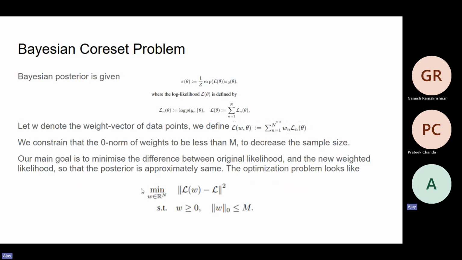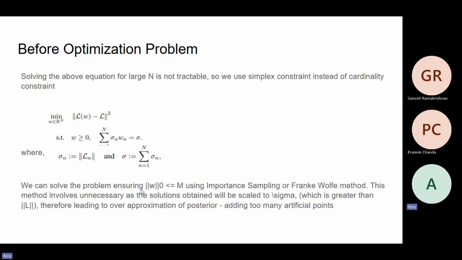In the same way, the optimization problem here is we try to reduce the 2-norm of the original log likelihood sum minus the weighted log likelihood sum, such that each weight associated is positive and the zero norm is much smaller than the original data set size.